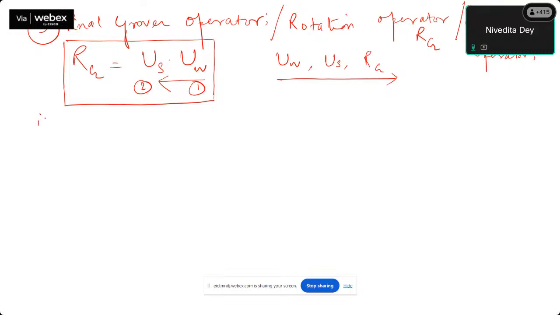Now, instead of writing everything, I'm writing it this way. Whenever we apply UW on psi, it will make it psi 1. And then if we apply US on psi 1, we get psi 2.